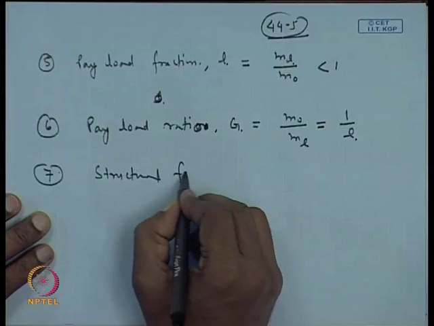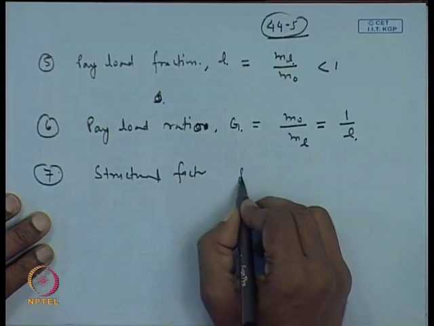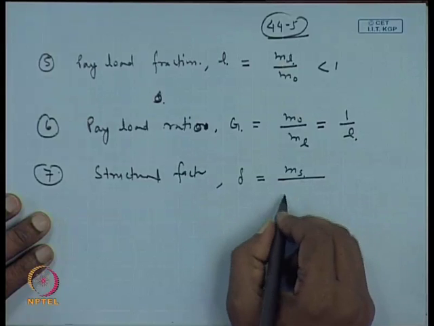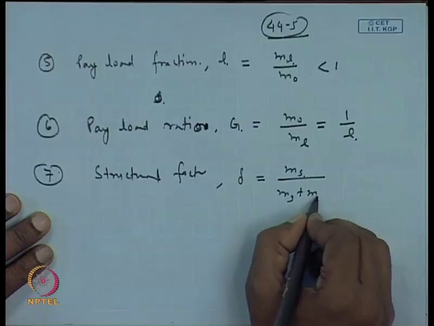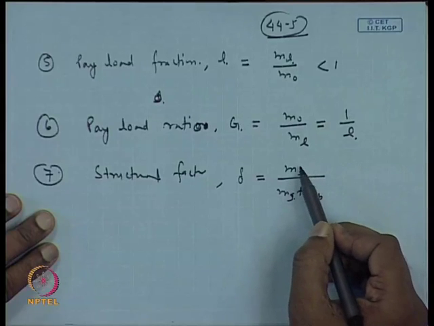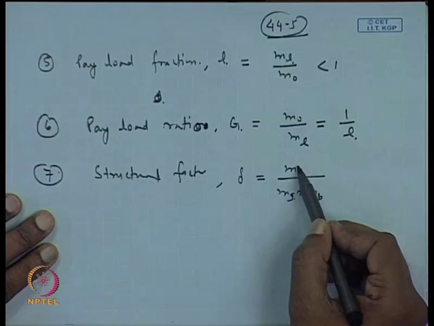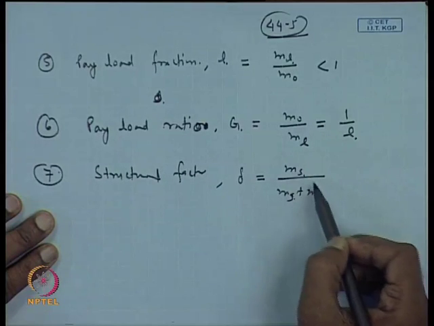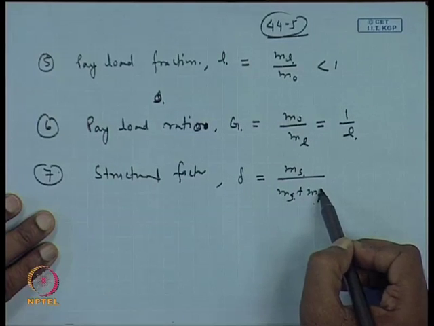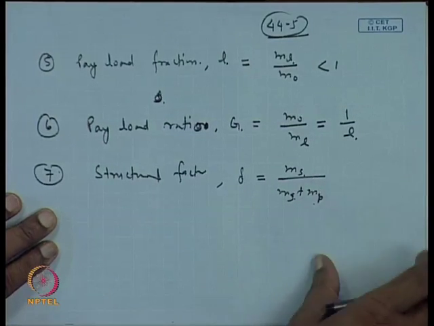So, structural factor delta, this is m_s by m_s plus m_p. So, this is the structural mass and this is the propellant mass and this is the structural mass. Okay, so, payload mass we have removed from this.